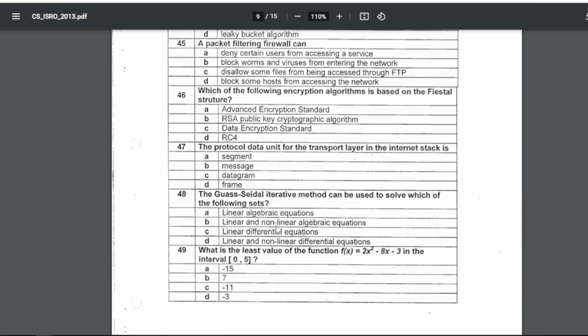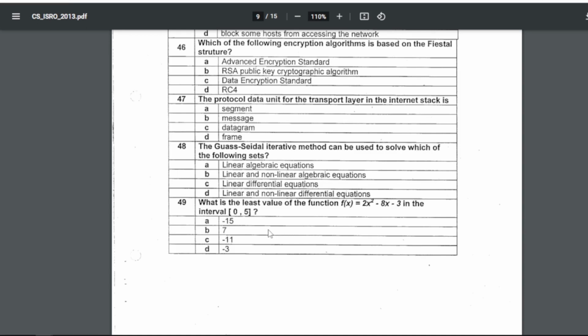For other layers, the protocol data units are: in the network layer we use packet, in the data link layer we use frame, right? In the physical layer we use stream, and in the application layer we use messages.